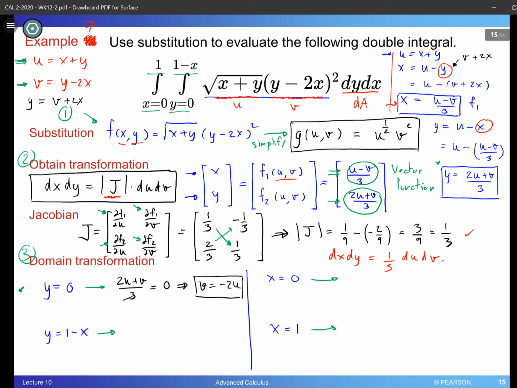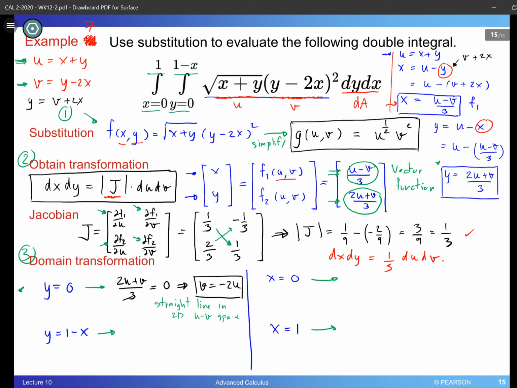So let's make a note right here that the boundary that we got right here is a straight line. This is a straight line in two-dimensional UV space. Once again, we are no longer in x and y, so this is going to be a line in UV space.